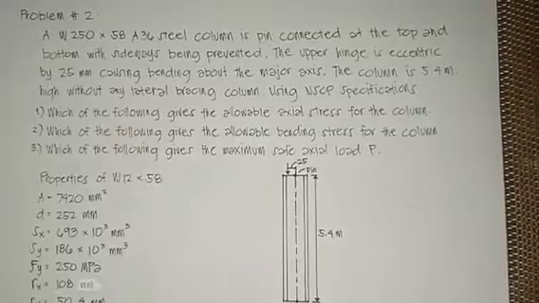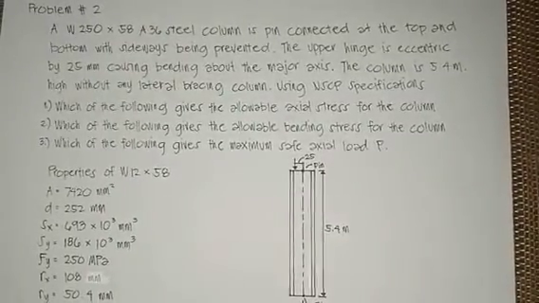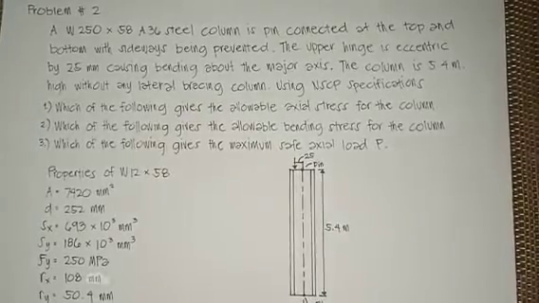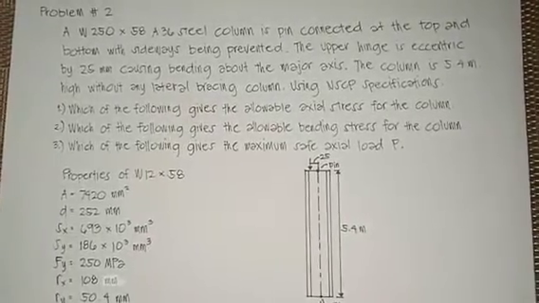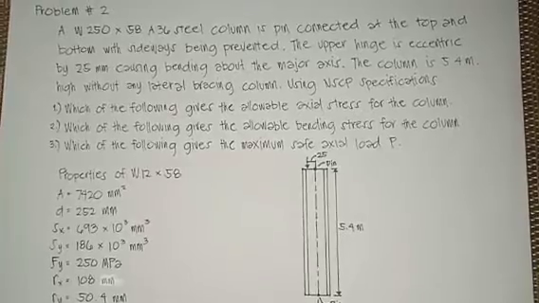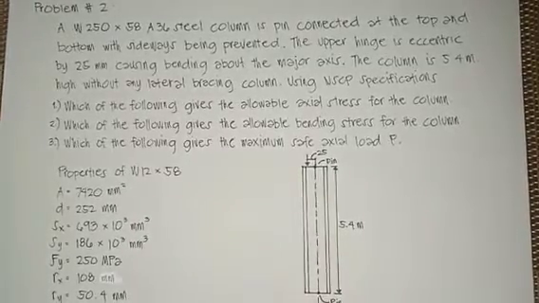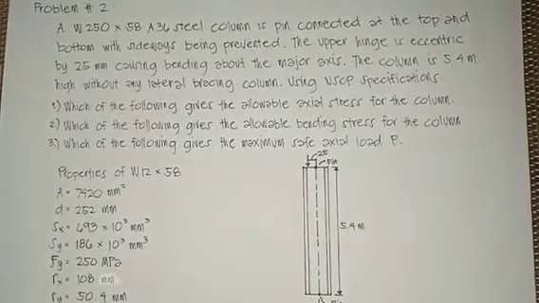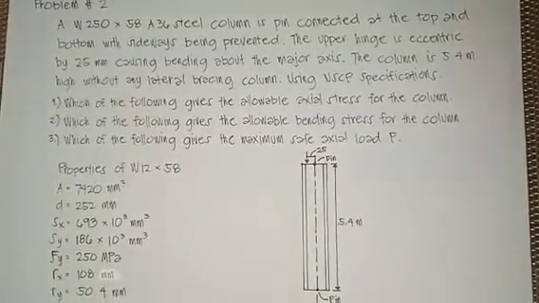Using NSCP specifications, 1. Which of the following gives the allowable axial stress for the column? 2. Which of the following gives the allowable bending stress for the column? And 3. Which of the following gives the maximum safe axial load P?